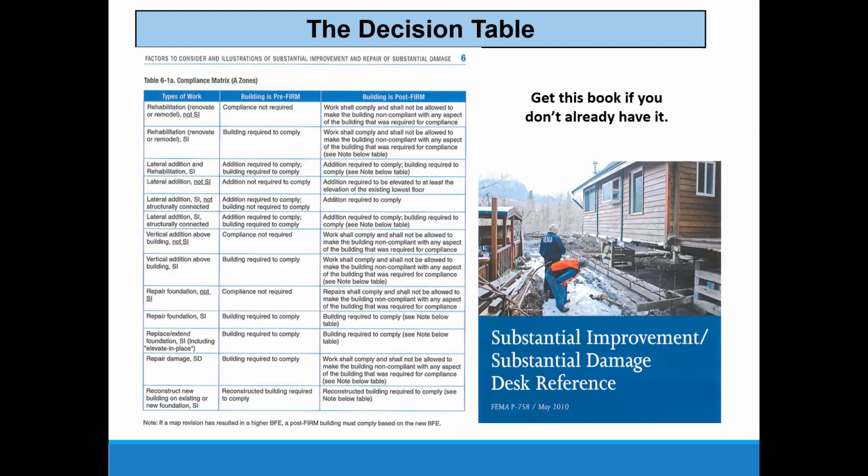So if you're just starting out in floodplain management, this is definitely a go-to publication to have. So the one that's not structurally connected and not a substantial improvement, the addition doesn't have to comply. So it's good to know these things and have this on hand.